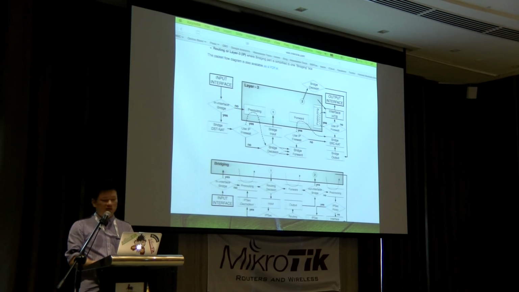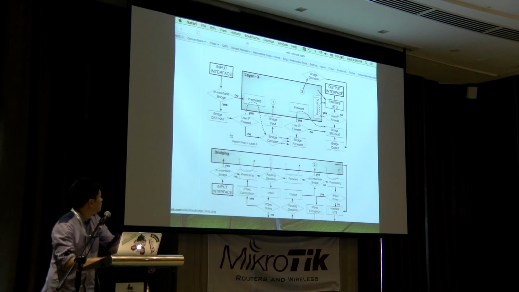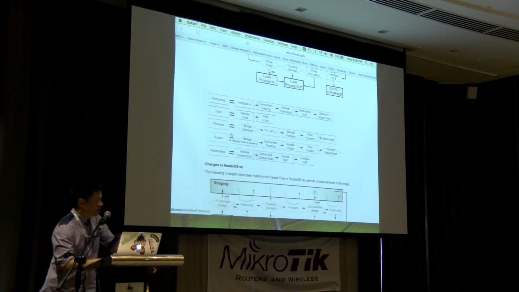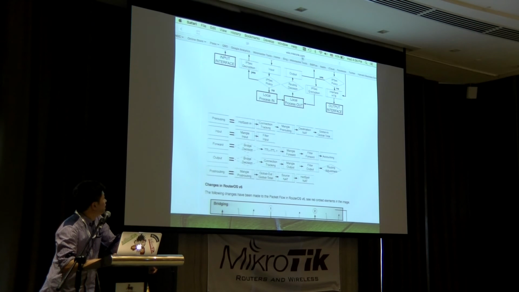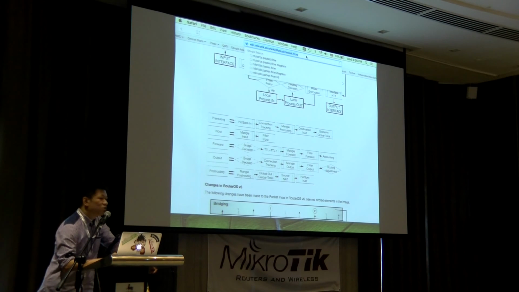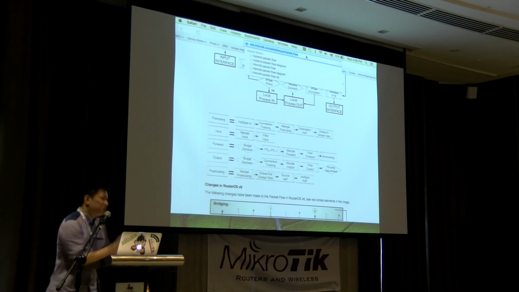So you can see this is a packet flow. This will tell you each of the chains and where it's going. You just search on Google, MikroTik packet flow. It will tell you how things are going, through which chain.